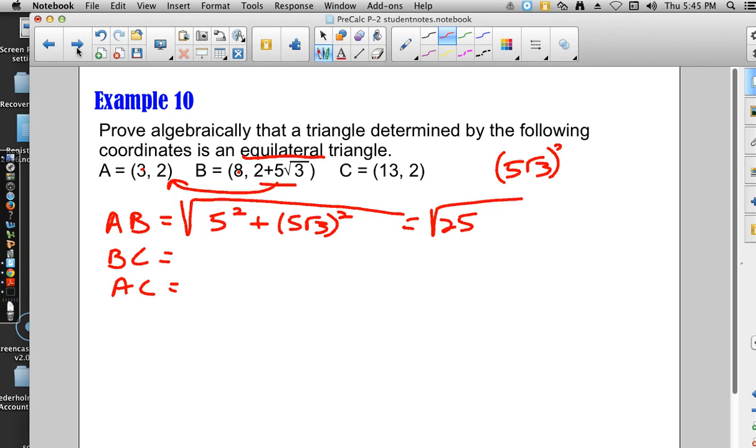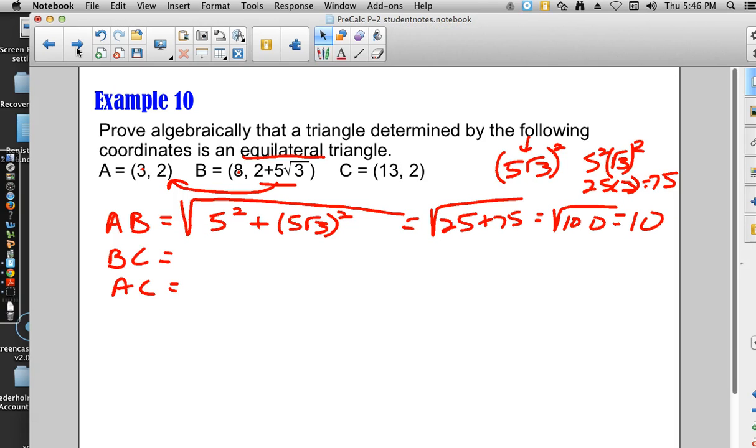Well, we can distribute the 2 because this is multiplication. So it'll be 5 squared times the square root of 3 squared, and that's 25 times 3, which just happens to be 75. 25 plus 75 is 100, and the square root of 100 is 10. So we want 10 for all three of these. That is what we are shooting for.